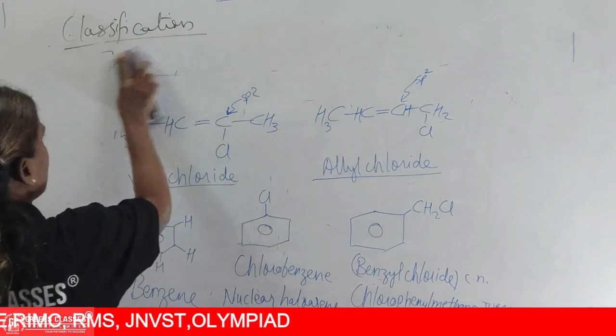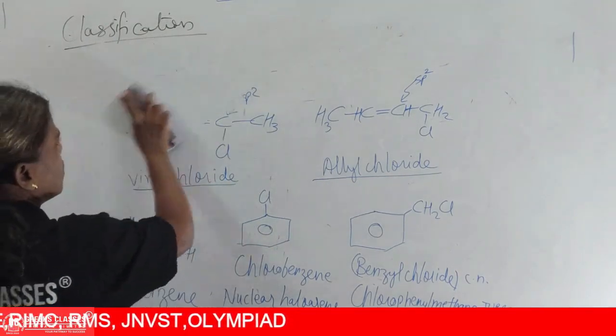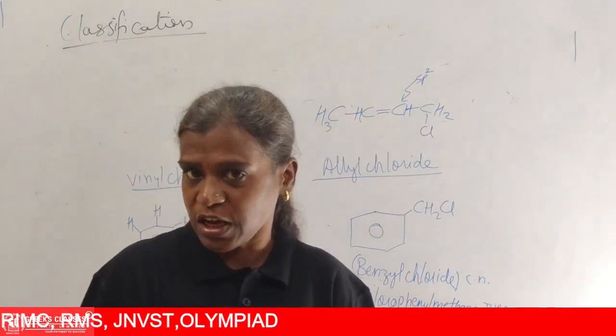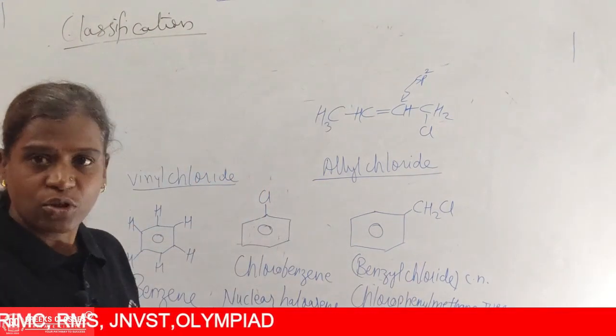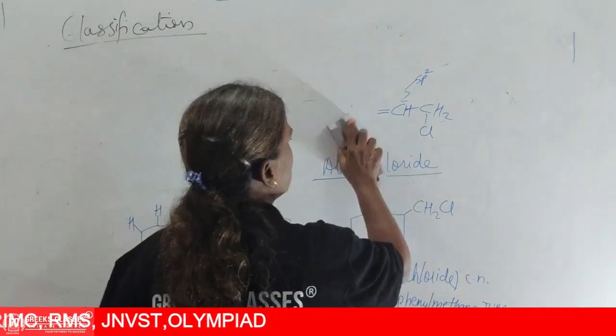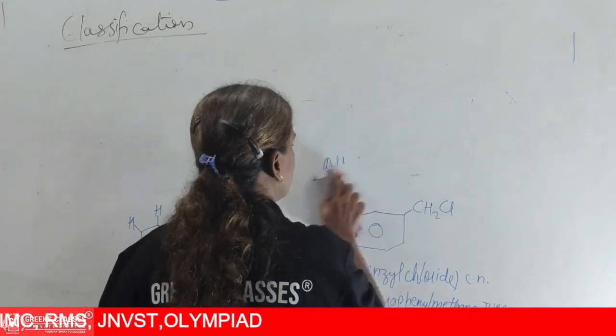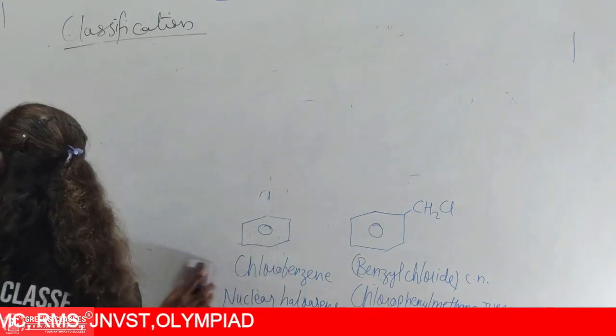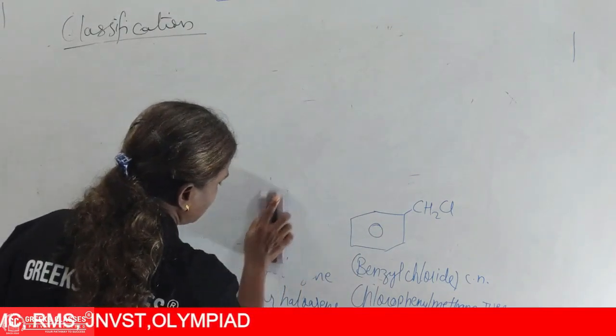One more thing, I hope you are all aware of what is primary, secondary and tertiary carbon. That is also another class of haloalkanes we can have, where the halogen could be attached to a primary carbon, secondary carbon or tertiary carbon. So there can be primary, secondary, tertiary haloalkanes.